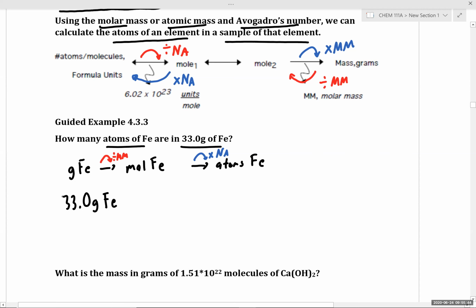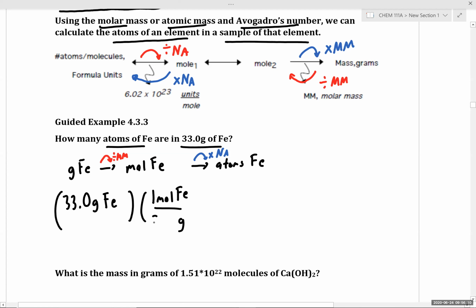So I have 33 grams of iron. Since we're going to moles, moles are on top, so we have 1 mole of iron. And would someone like to tell me what is the atomic mass of iron? Don't be shy to break out your periodic table.